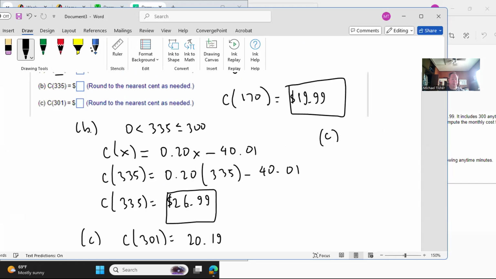All right, so for the B part, our cost is $26.99. For the C part, our cost is $20.19. Okay, so that's how to evaluate a piecewise function manually. But let's look at a graph of this piecewise function.